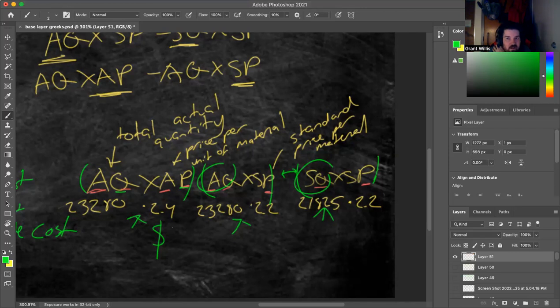It's $4,656 for the efficiency variance. Is that favorable or unfavorable? Let me think.